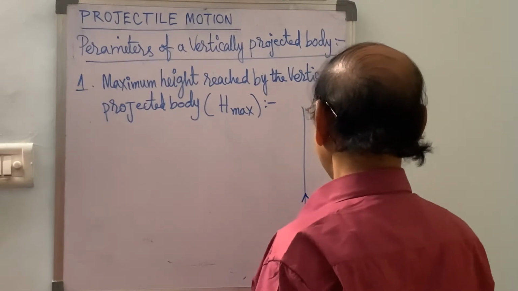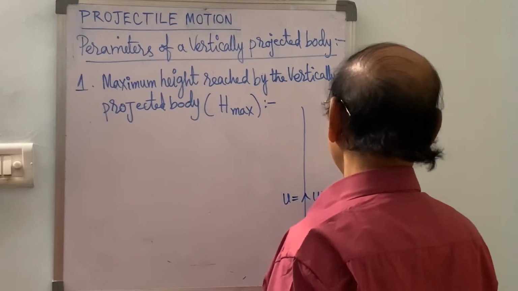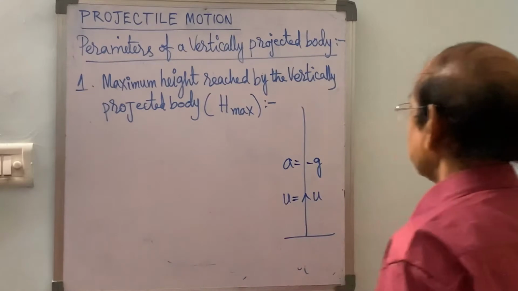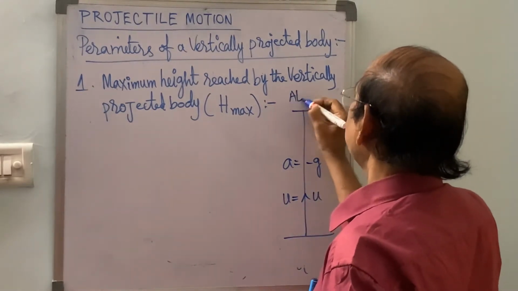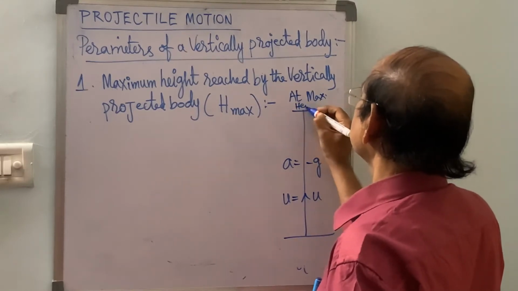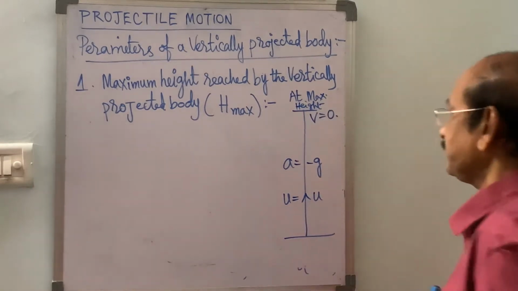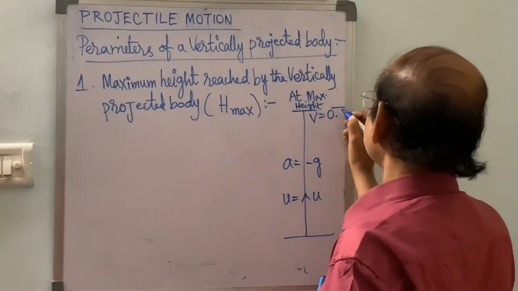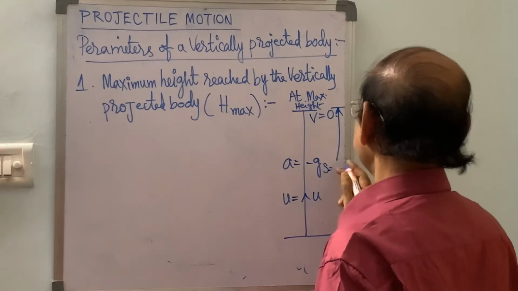And the body is moving up with initial velocity u equal to u, and acceleration a is equal to minus g. On reaching the maximum height, its final velocity v is equal to 0. Now here the distance travelled by the body, s, is equal to h maximum.